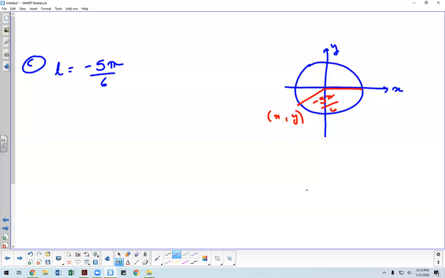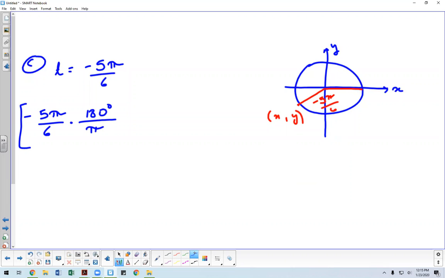So like I said, if it helps you, you can think about converting your radians into degrees, which basically would be 180 divided by pi, right?